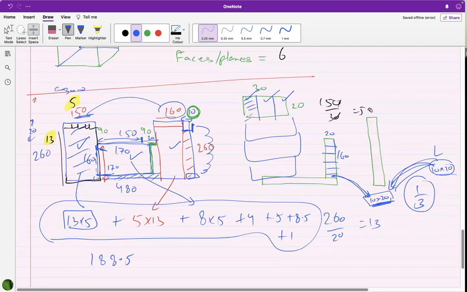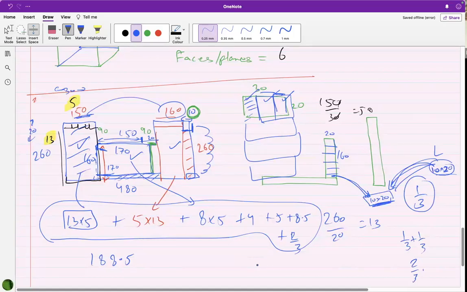And this horizontal length is 10 already. So we needed 13 tiles and one on this 10 into 20, 10 into 20, 10 into 20. So this is 10 by 20, 10 by 20, 2/3 of a tile. Yeah, 2/3. 1 by 3 plus 1 by 3 is 2 by 3. So that should be 2 by 3 of a tile.